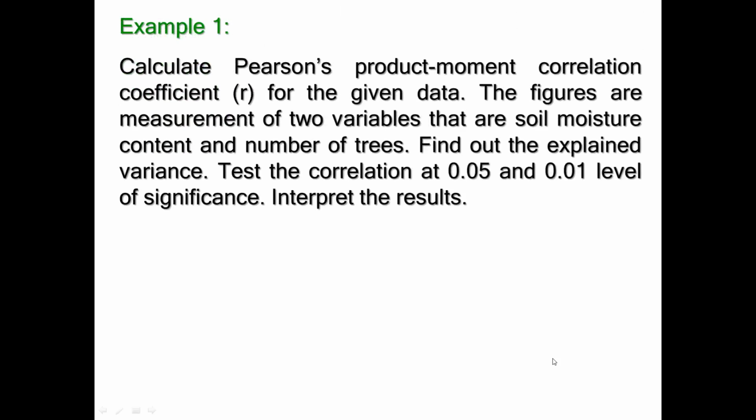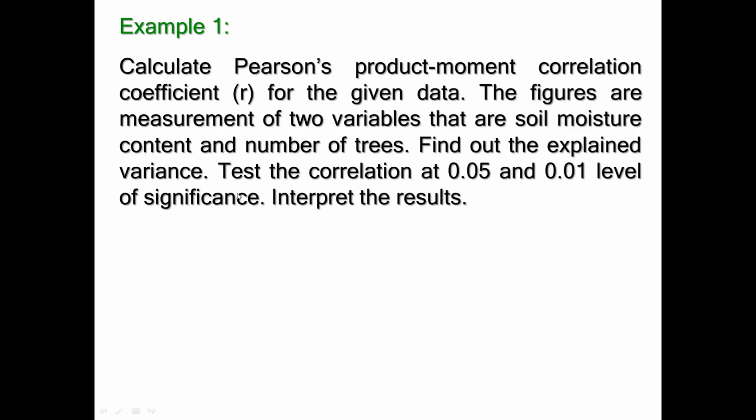Let's see an example for calculating Pearson's product moment correlation coefficient. The example is: calculate Pearson's product moment correlation coefficient, that is small r, for the given data. The figures are measurements of two variables, that are soil moisture content and the number of trees.